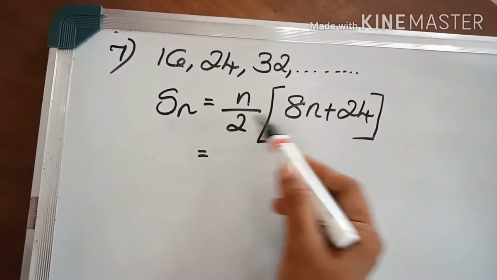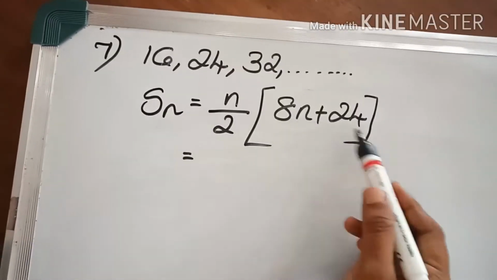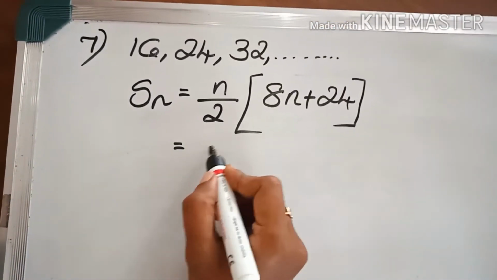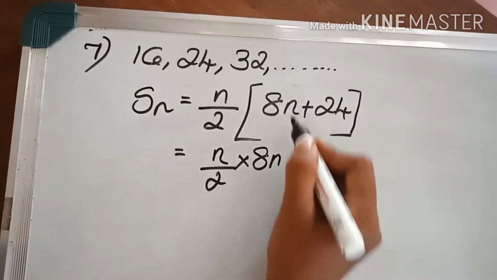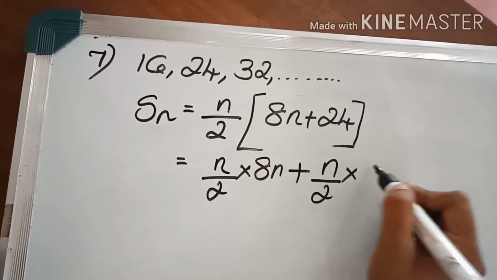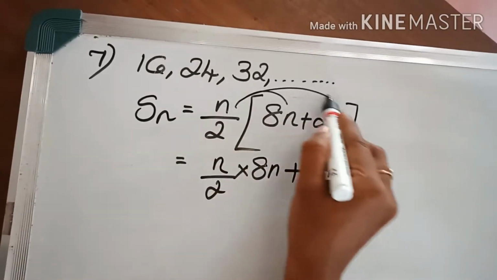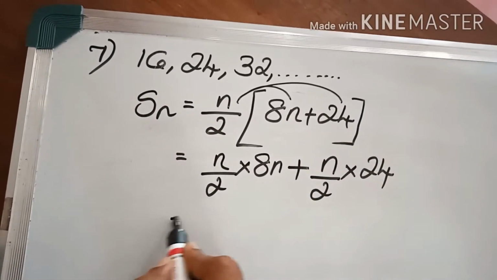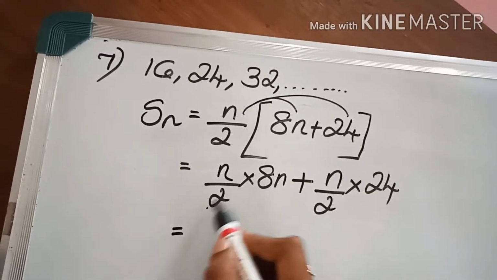Now we have to open the bracket. We have to multiply this n by 2 with these two terms. So n by 2 into 8n, plus n by 2 into 24. Here 2 and 8 we can cancel, multiples of 2.